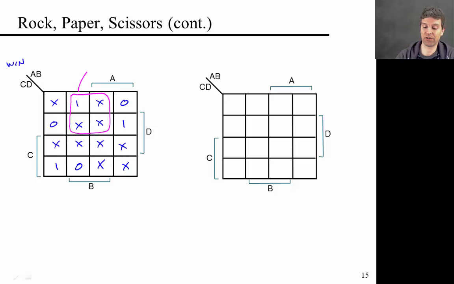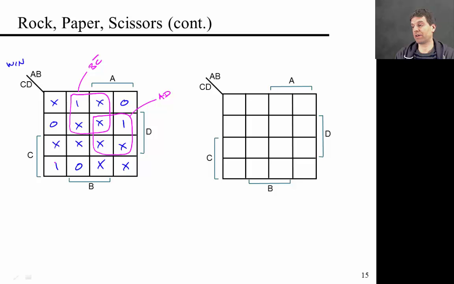And this is the circle B, not C. Then you have to look at this one here. And again, you can make a 2 by 2 circle by choosing all of these x's here, the 3 x's, to be 1s, and that is A, D.